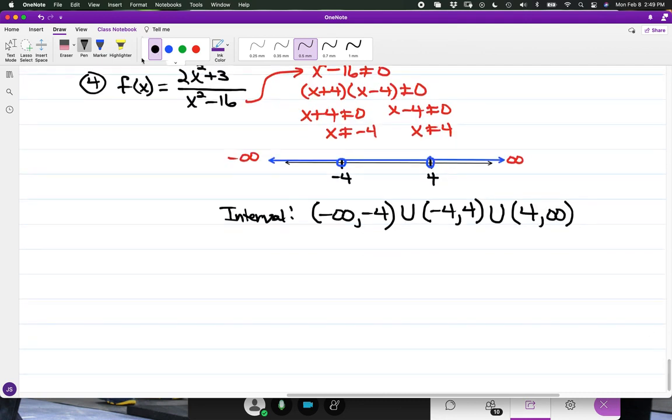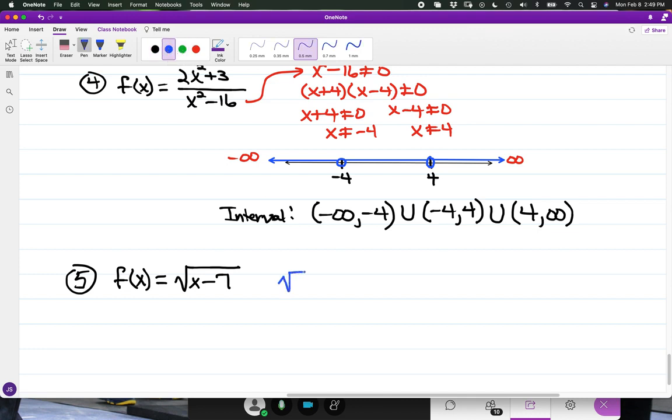Now, the other situation could be where you have a function set equal to an even root of an expression in the input variable. Say f of x is equal to the square root of x minus 7.